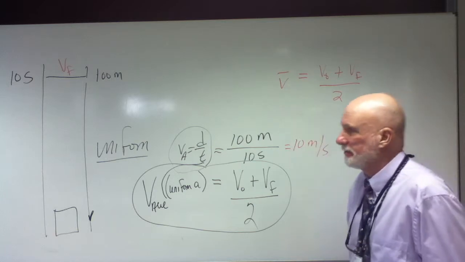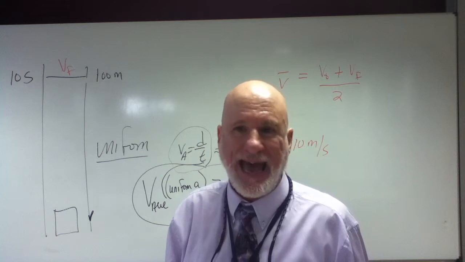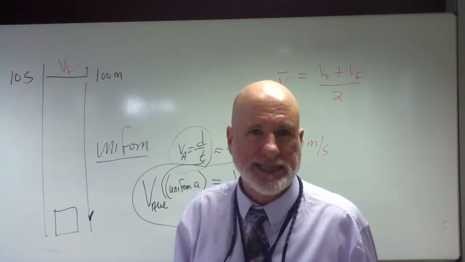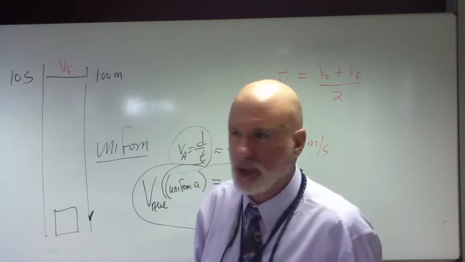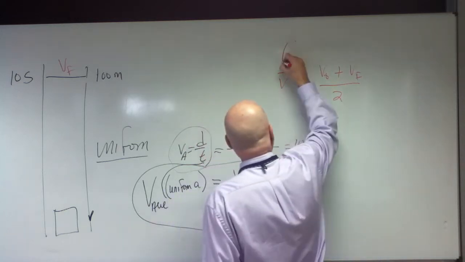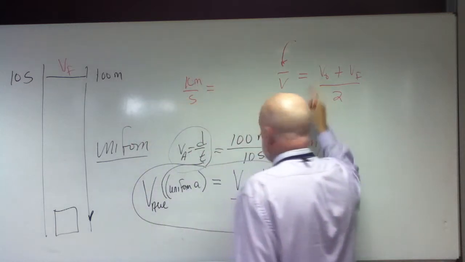So, I know what the average velocity was, don't I? What's the average velocity? I just calculated it. 10 meters per second. So you plug in here, 10 meters per second. What's the initial velocity?